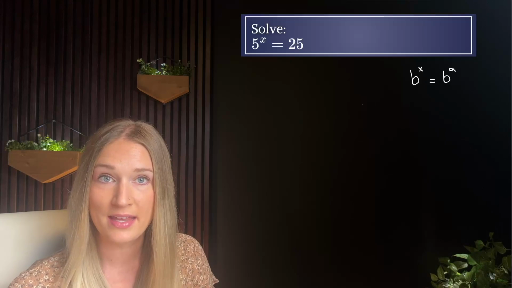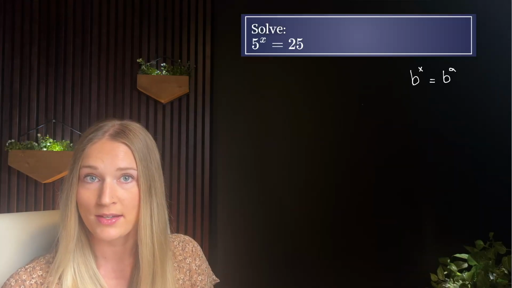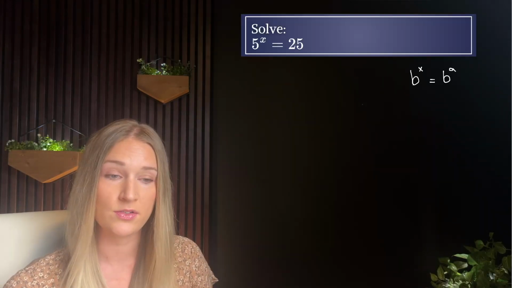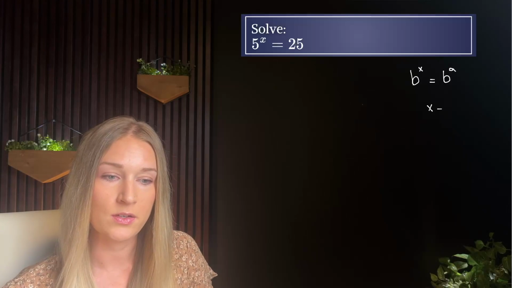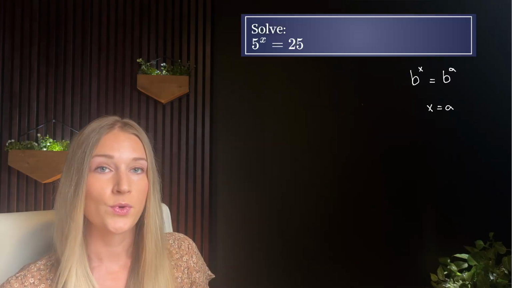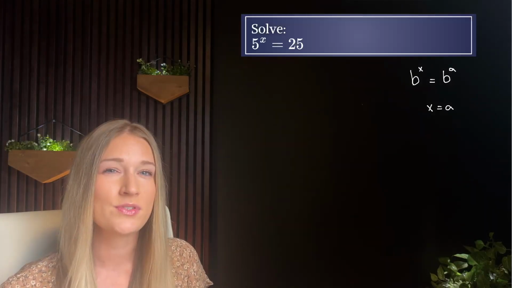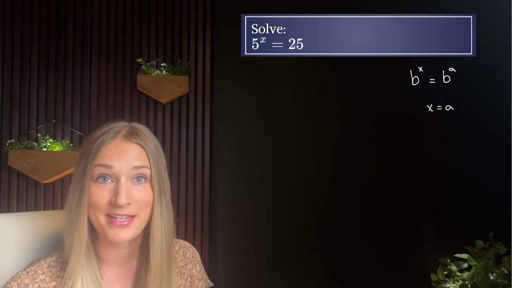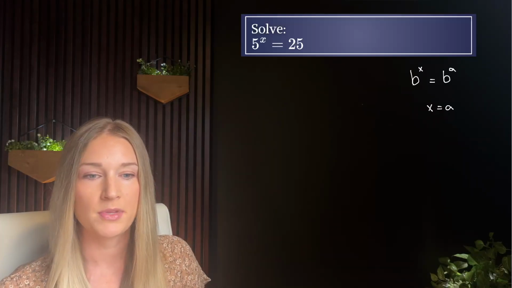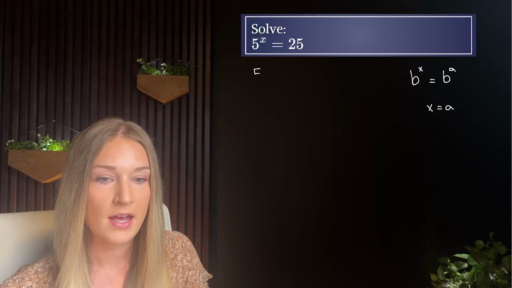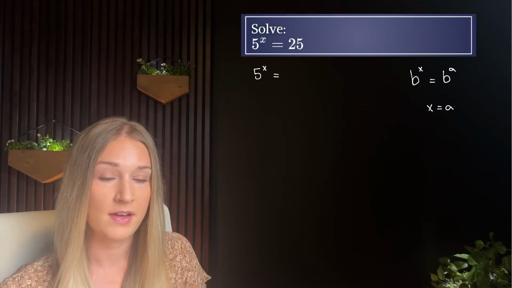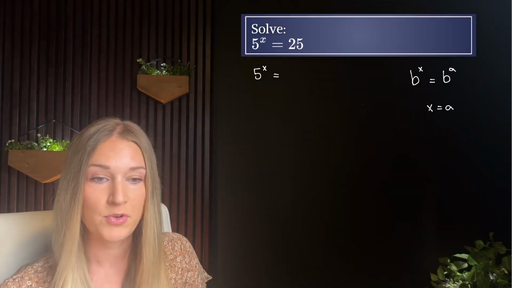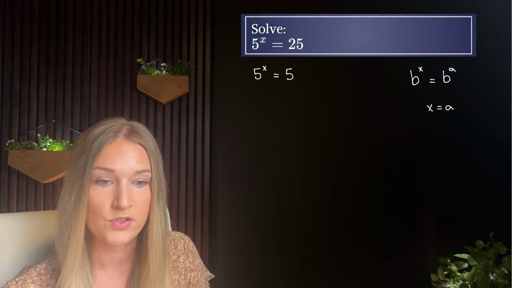It doesn't make sense to have the same base with different exponents if the two things are equal. So x would equal a. We're not dividing out the b, we're just using logic to say it's really the only thing that makes sense. So let me apply that over here. If I rewrite my 25, I can break it down into 5 squared.